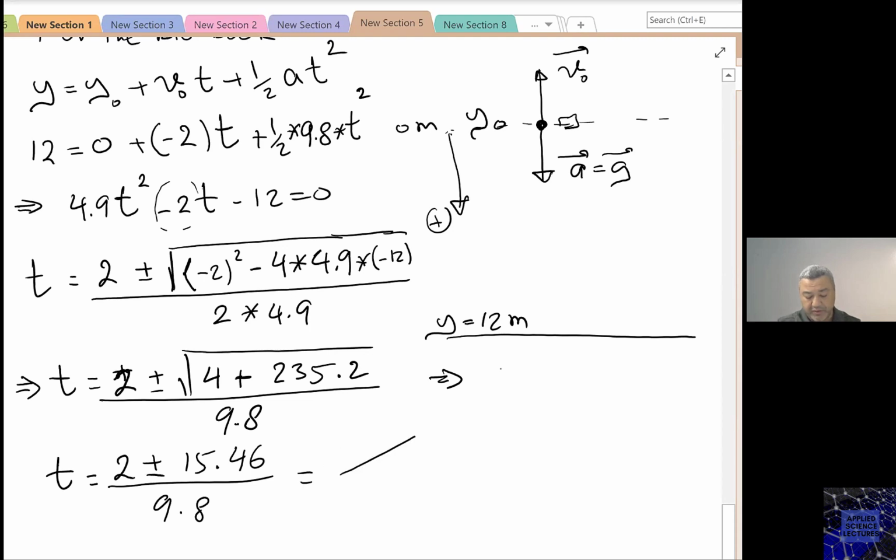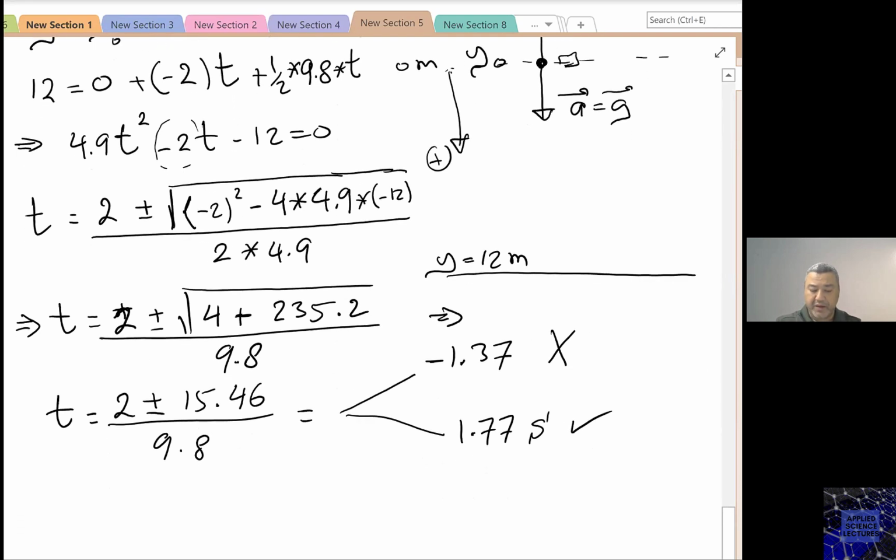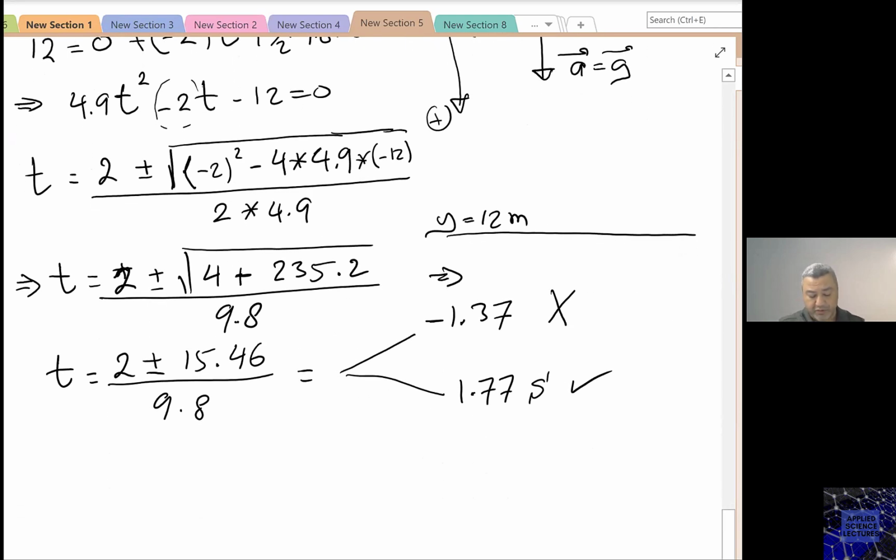In this case, I will notice that I have a negative number, which is a trivial number, and a positive number that is 1.77 seconds. So the time the biology book took to reach the ground was, yes, go ahead.